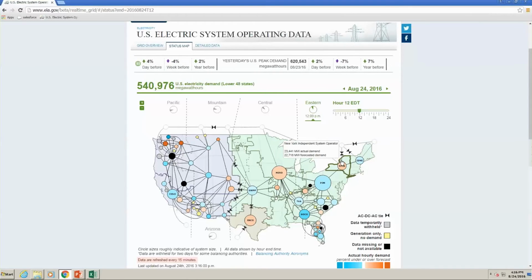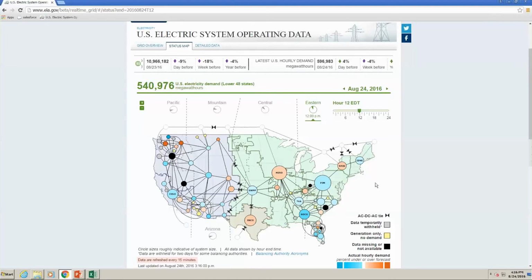That can happen. In this particular case, for that particular hour, power was flowing in from all three of the neighboring systems into New England. So I'm not sure why you're thinking that it's flowing in and out. So this is just representing at the system level what's going on.